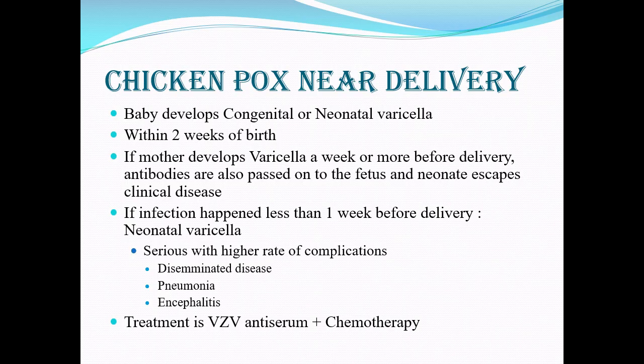But if the infection occurs less than 1 week before delivery, then only the infection would have passed, but the antibodies would not have passed. So it causes very serious infections like disseminated disease, pneumonia, or encephalitis. Treatment can be with Varicella-Zoster antiserum plus chemotherapy.